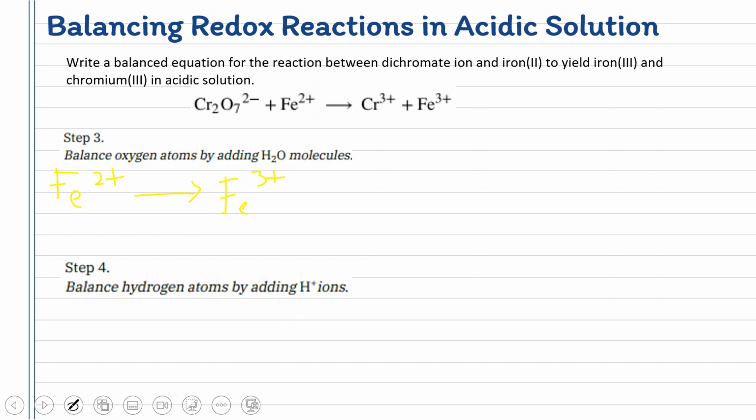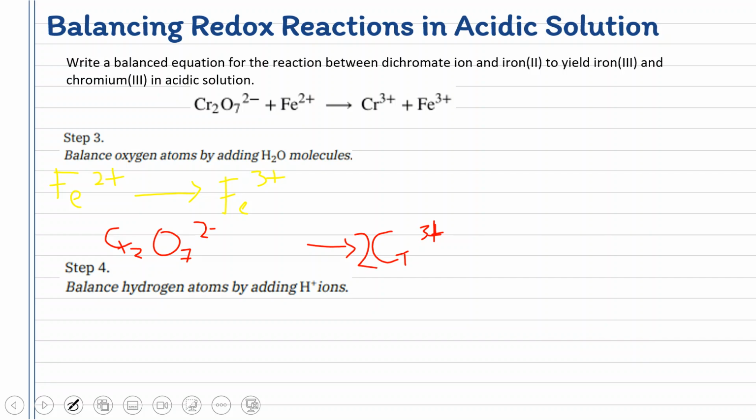We're going to have to deal with the ones that had the oxygen. They are going to be affected now. We had Cr2O7 2-. Then on the previous page we had Cr3+, and we put a 2 here, if you remember, just to balance out Cr.